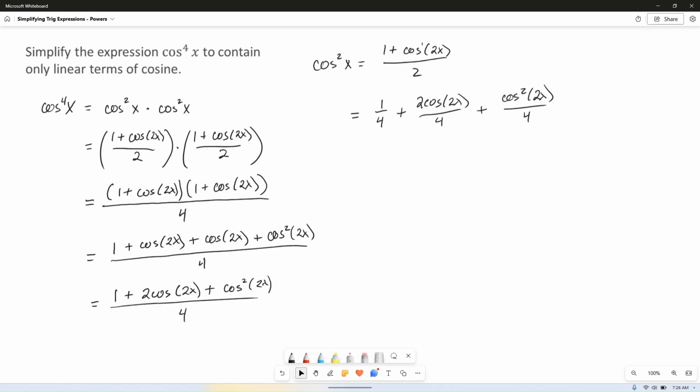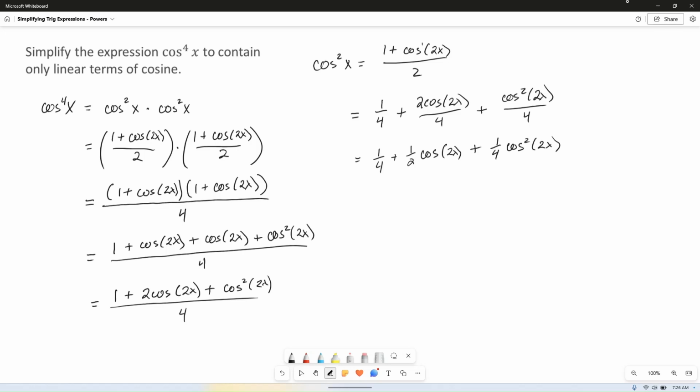Okay, and the 2/4 is going to reduce. So we have a 1/4 plus a 1/2 cosine of 2x plus, I'm going to write dividing by 4 the same way, as a fraction, 1/4 times the cosine squared of 2x.